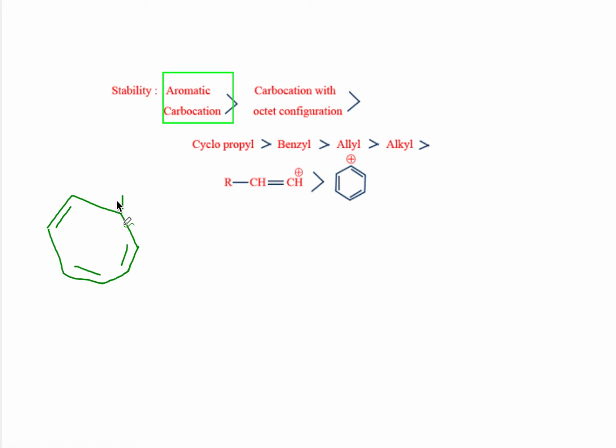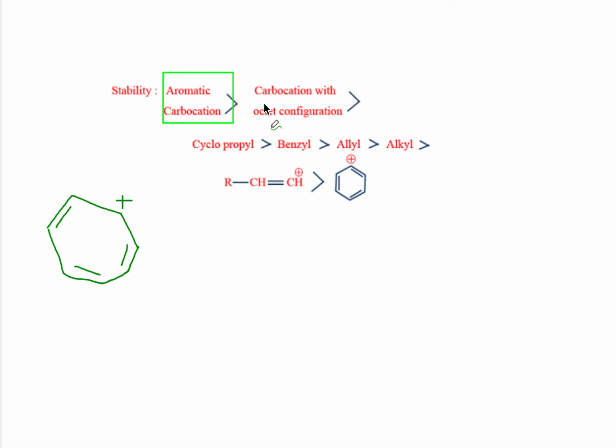This is termed the tropylium cation, a 7-member triene cyclic structure. So this positive charge is in conjugation with the other pi electrons, and we have ring current in this molecule. Therefore, the positive charge is essential for the aromatic character of this molecule, and this carbocation is much more stable than any other carbocation.